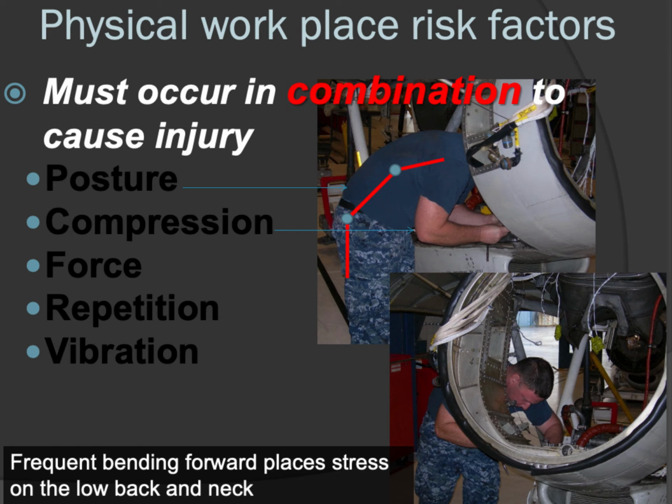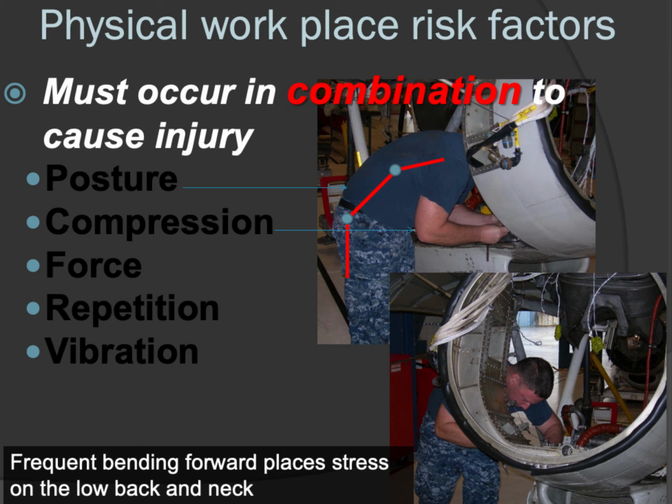Then you have posture, both awkward posture and static posture. Compression, which is directly applied to the surface of the skin. You have force, which is the muscle exertion as well as an external force if you're picking something up. Repetition and vibration. So these are our physical workplace risk factors.